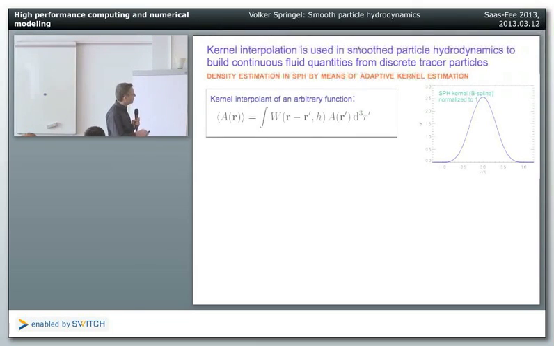And the concept starts essentially with a kernel interpolant of some arbitrary function A. Suppose I have a function A of r, and then I convolve it with this sort of smoothing kernel, W. And the smoothing kernel has some characteristic size h, which is my smoothing length. And in this form, this equation is just a convolution. I'm washing out this function with this smoothing kernel.